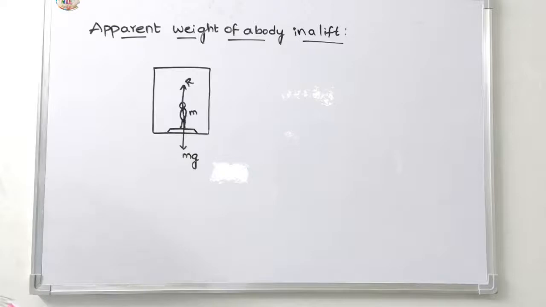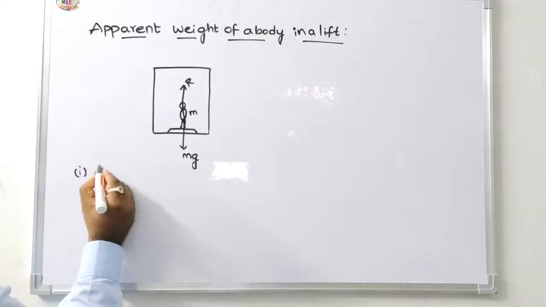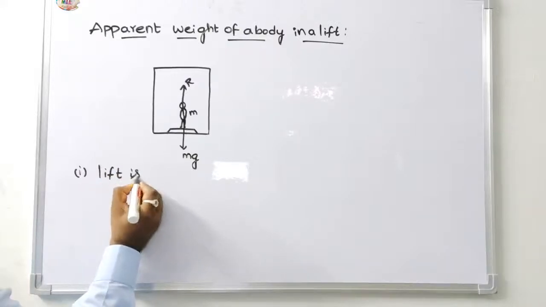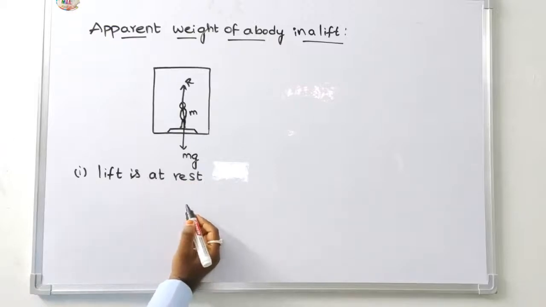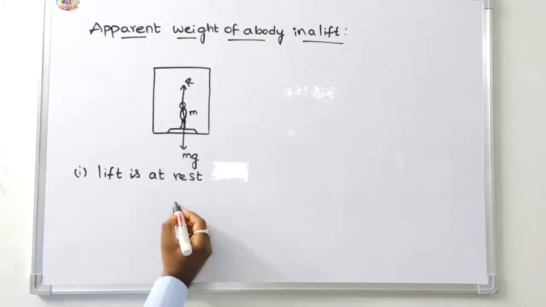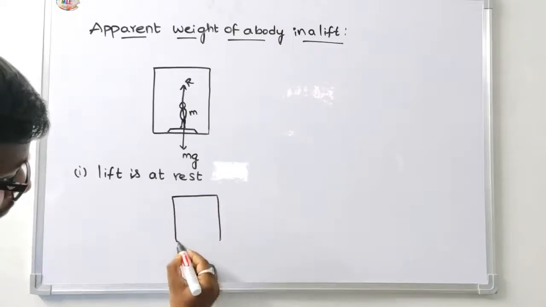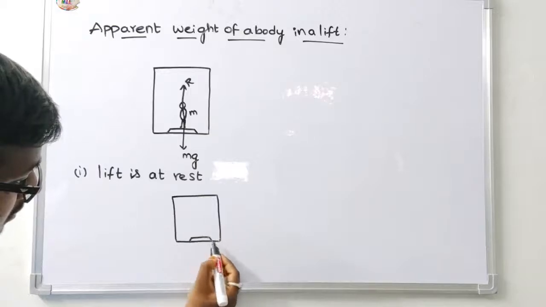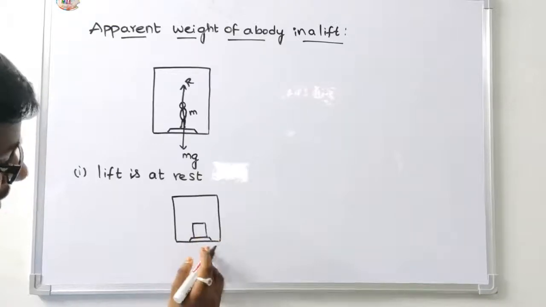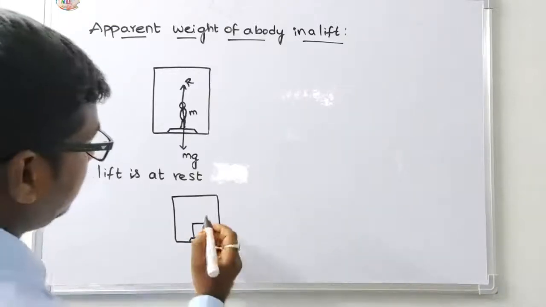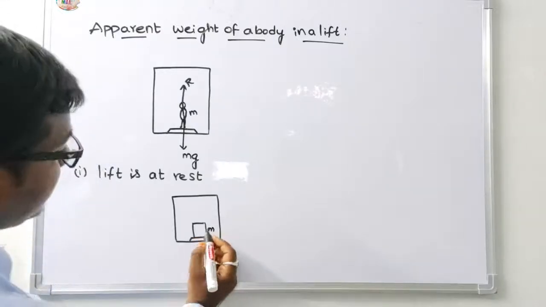Okay, the first condition is: the lift is at rest. In this, a block of mass m is placed on a weighing machine in a lift, and the lift is at rest.